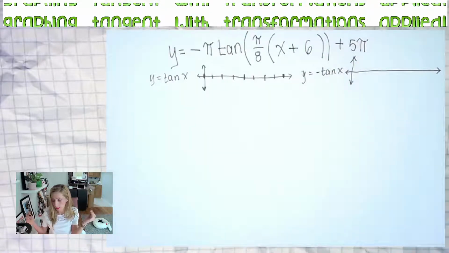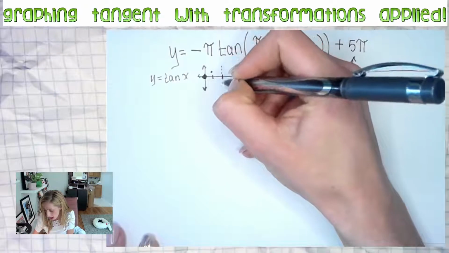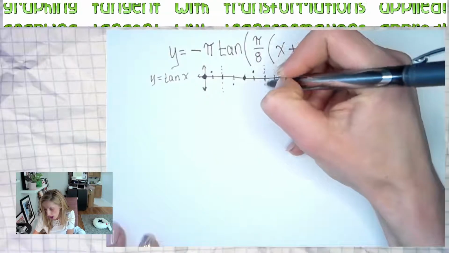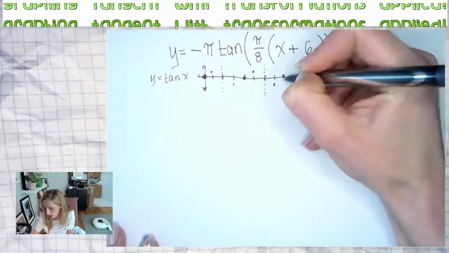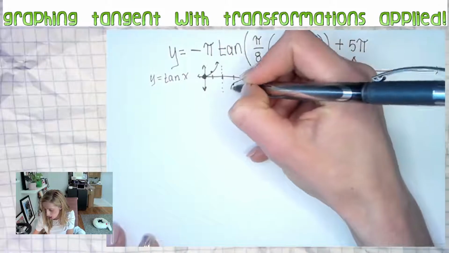Tangent starts with a 0, then we go 1, asymptote, -1, 0, 1, asymptote, -1, 0. I think I said everything out loud correctly, I hope.